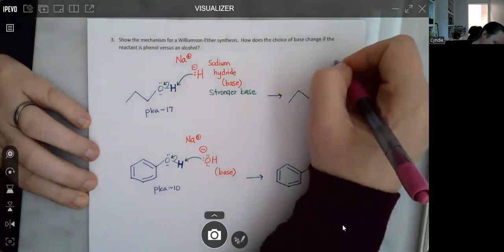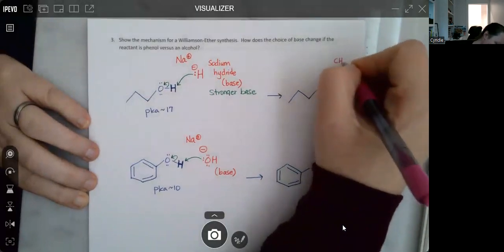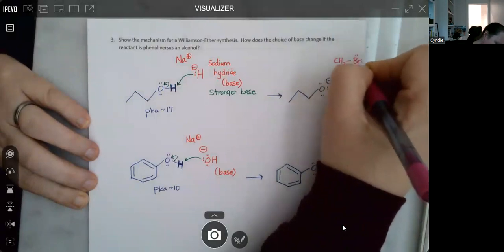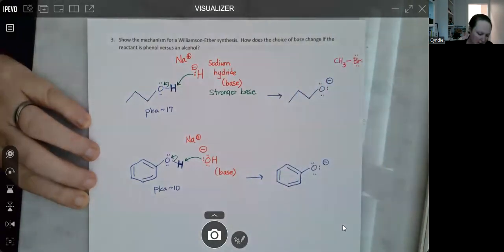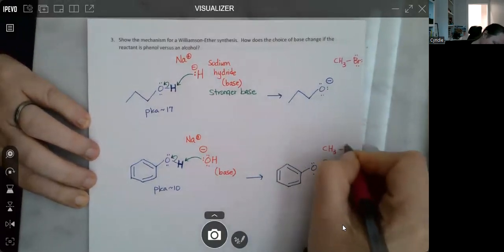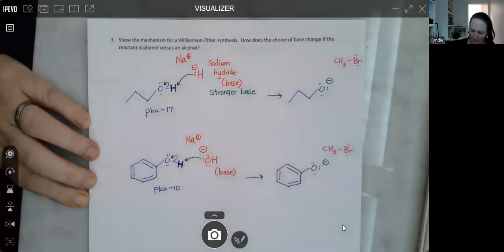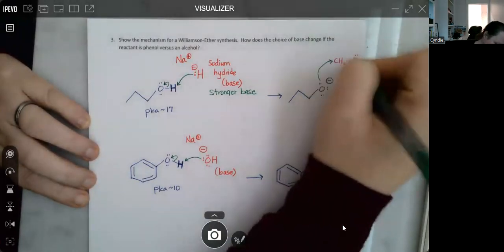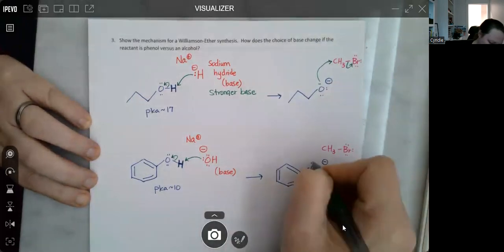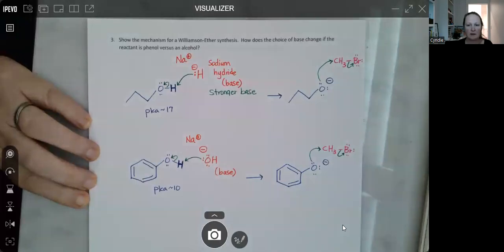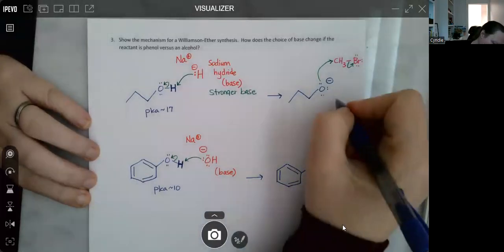Could be even just methyl, which would be the best case scenario because it's the absolutely least hindered type of carbon. So we're going to show our SN2 process here to form the product.